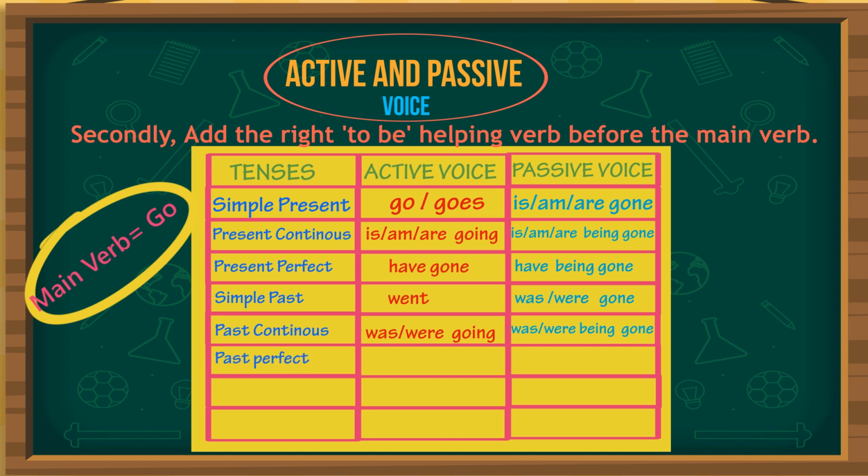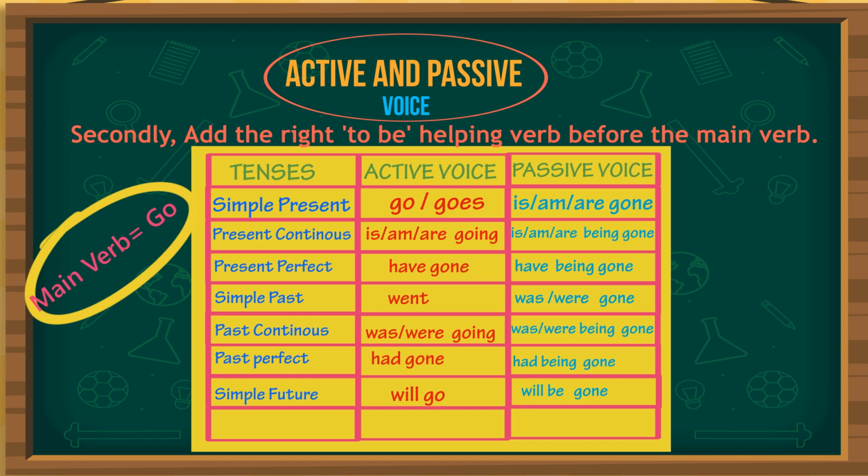Past perfect tense. In active voice, we say had gone. In passive voice, we use the helping verb been after had, followed by the verb's third form, gone. Next is simple future tense. In simple future tense, we say will go in active voice.